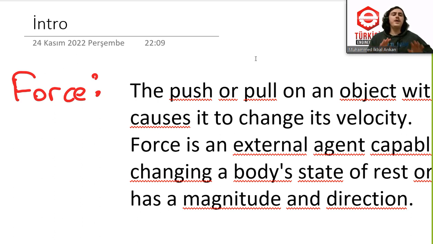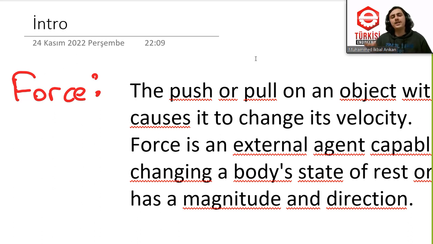Why? Let's say I want to move the table in front of me by pushing in this direction with 10 Newton, and my friend on the opposite side of the table pushes against me with 10 Newton. These forces are balanced, balancing each other, so the net force will be equal to 0.